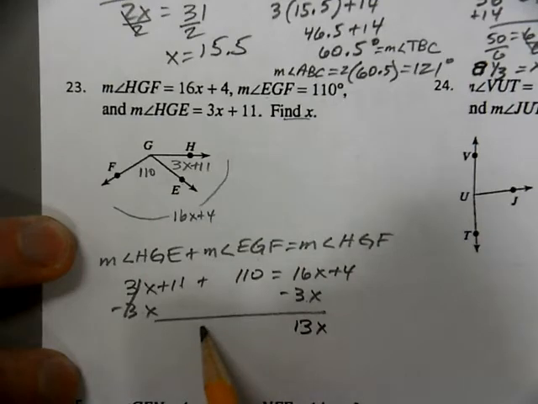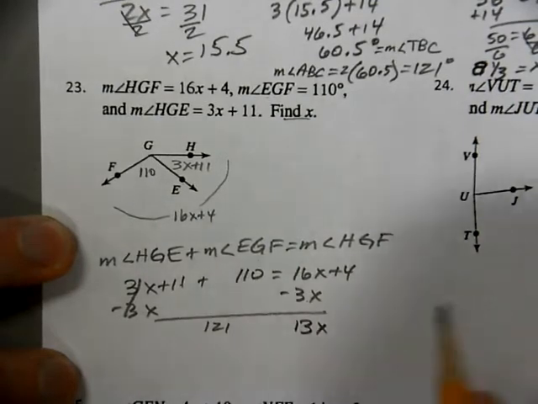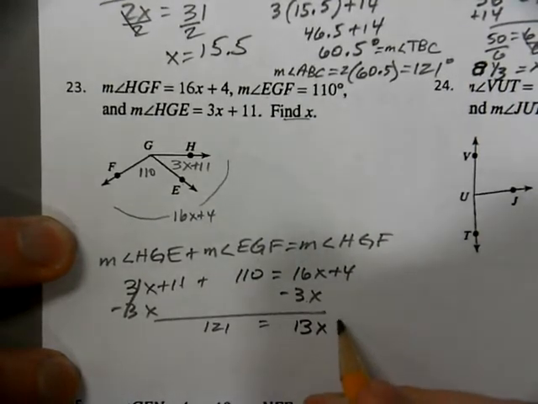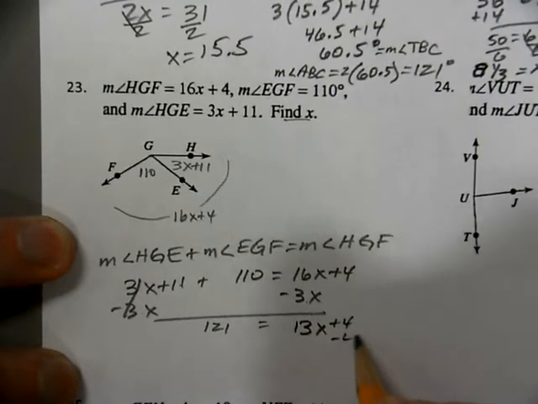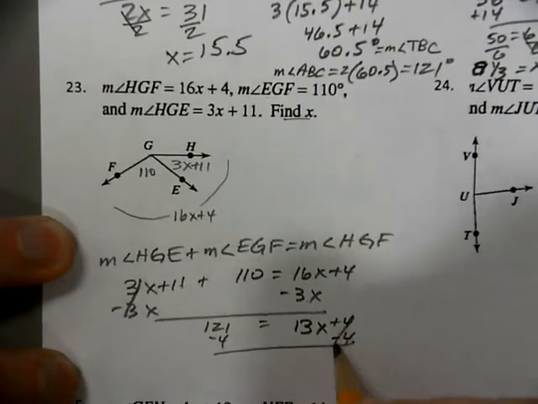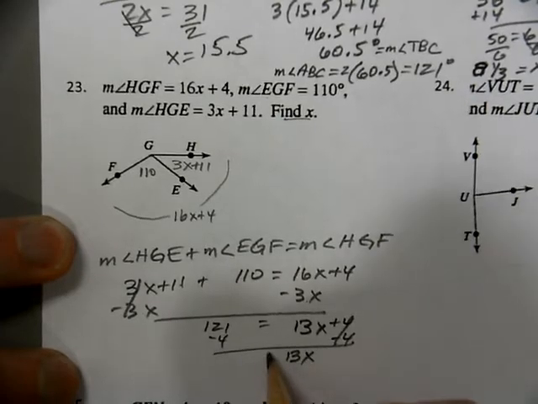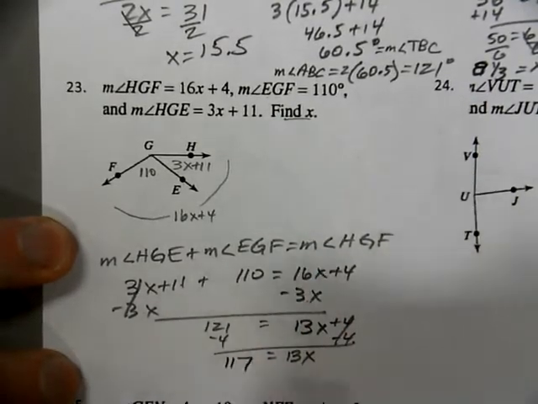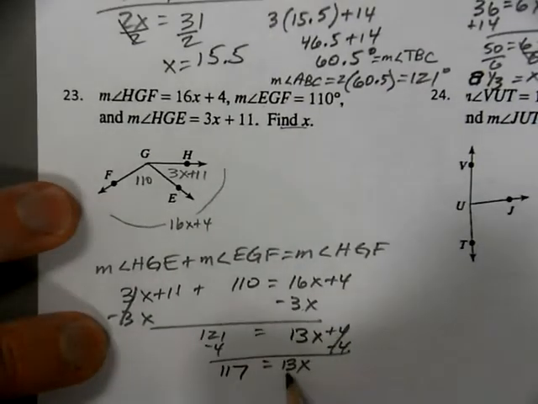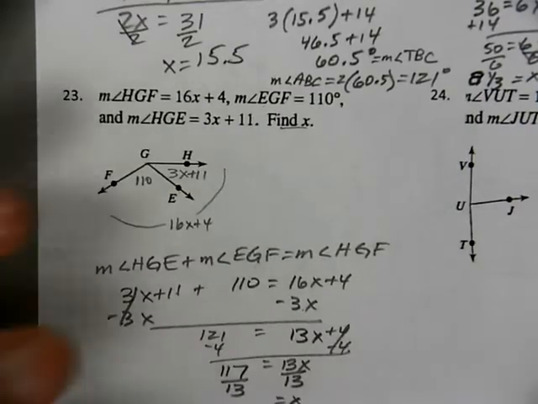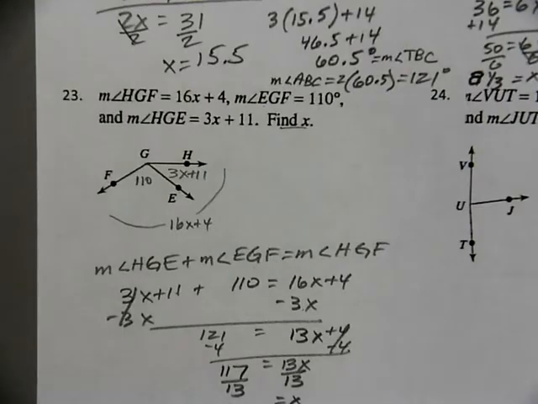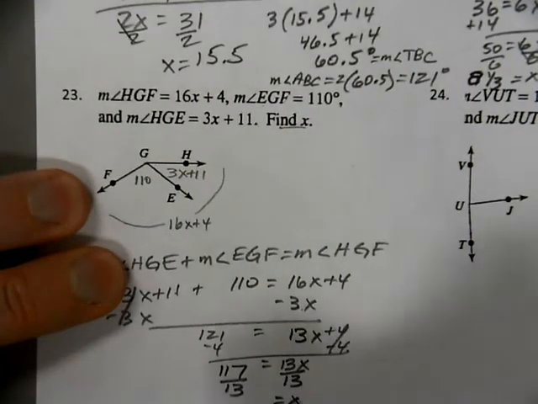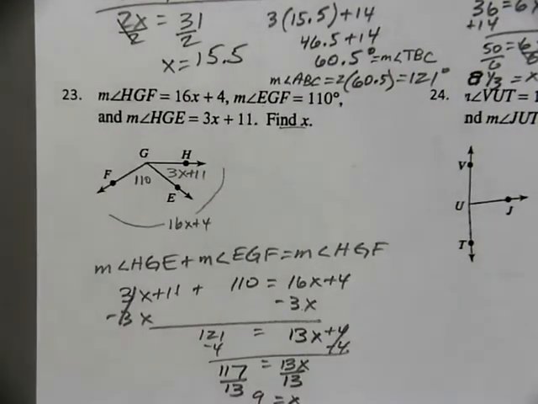Here this adds together to be 121. We subtract the 4, and that's 117. Divide by 13, and that is 9.